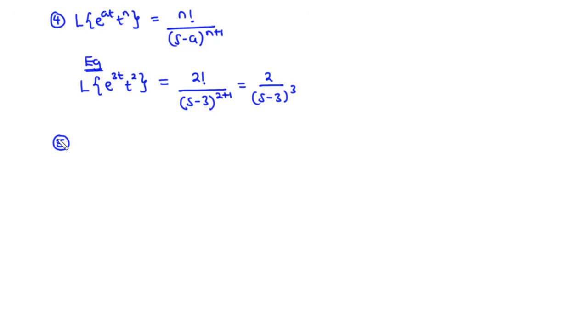Now the fifth function we would like to talk about is the function f of t equals sine at. So the Laplace transform of this function is said to be equal to a divided by s square plus a square.